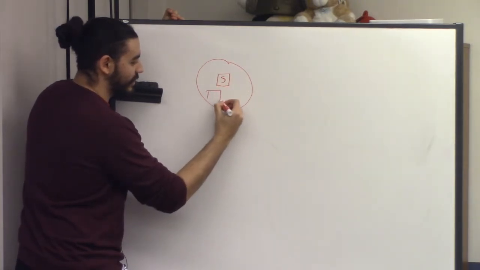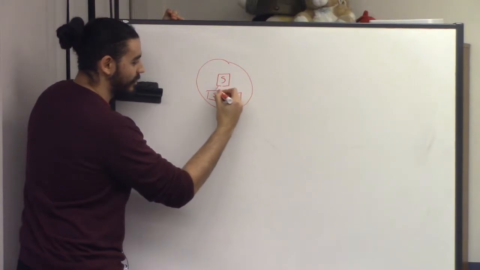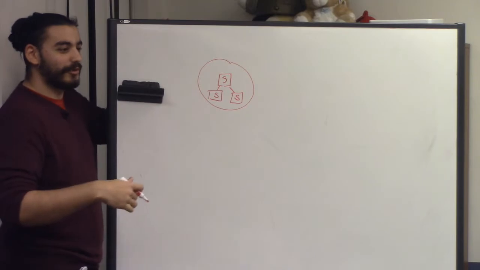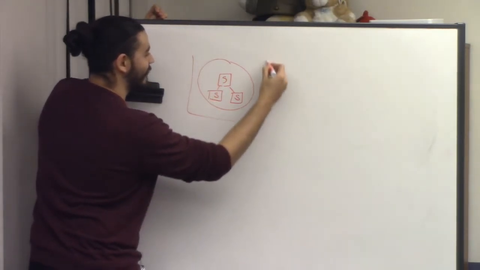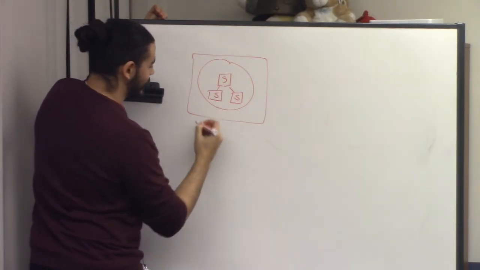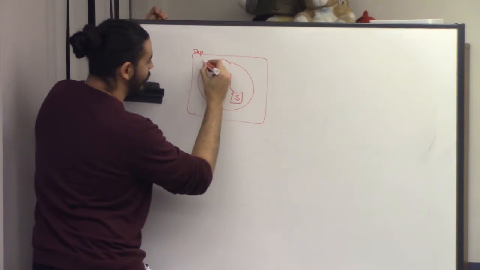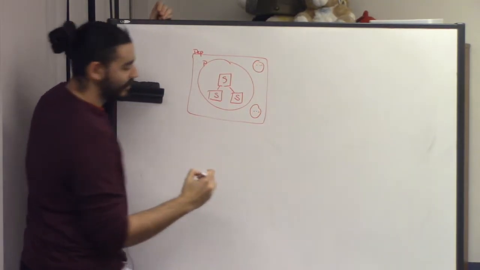There's a bunch of services in here, and they may be talking to each other. Cool. And then deployments. Deployments are a group of pods. So this is a deployment. Let's just say these are pods. These are pods.